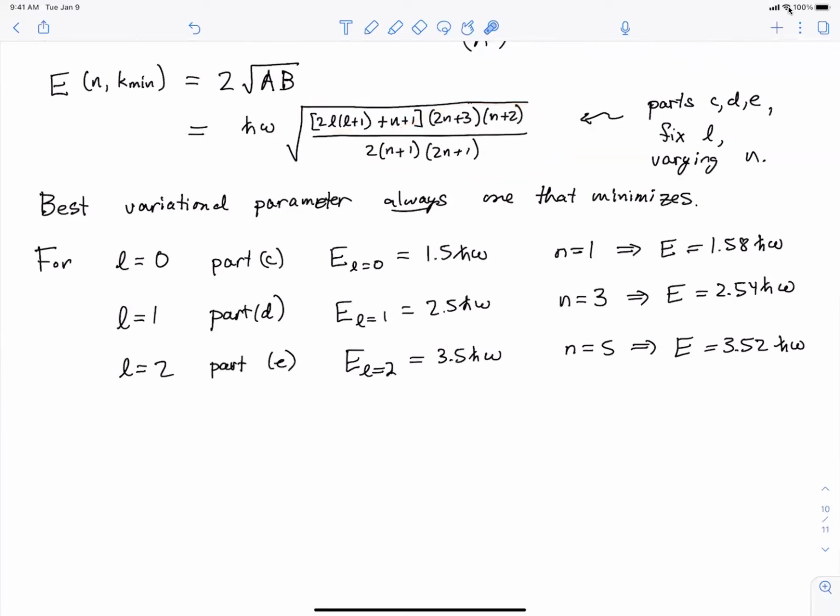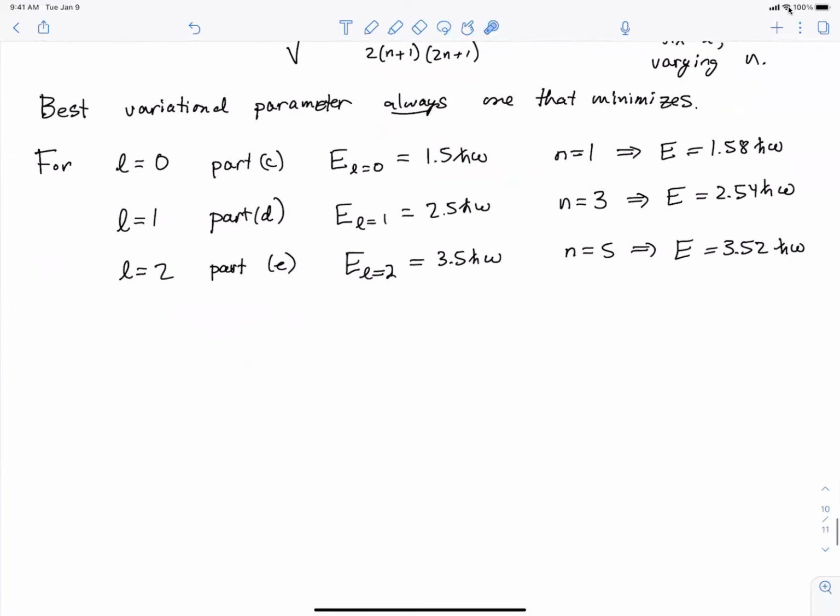So this thing just automatically knows that it's supposed to go to the right value for larger L. So again, these are the exact, and these are the variational values that you get by minimizing with respect to our n.